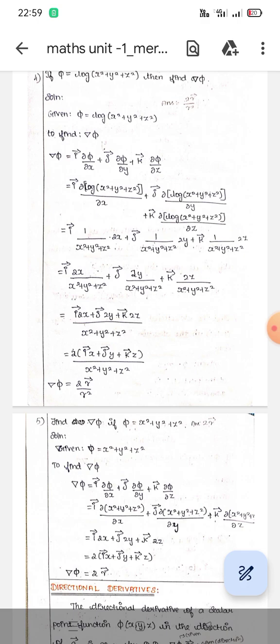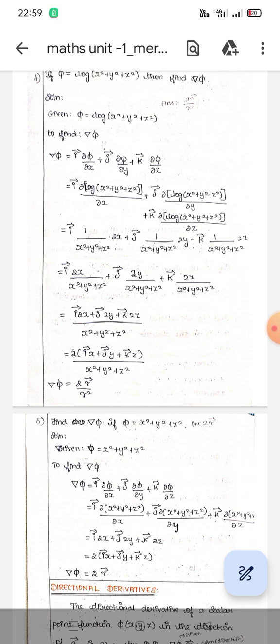The denominator is the same, so adding the numerators, the numerator value is i vector of 2x plus j vector of 2y plus k vector of 2z, divided by x square plus y square plus z square.